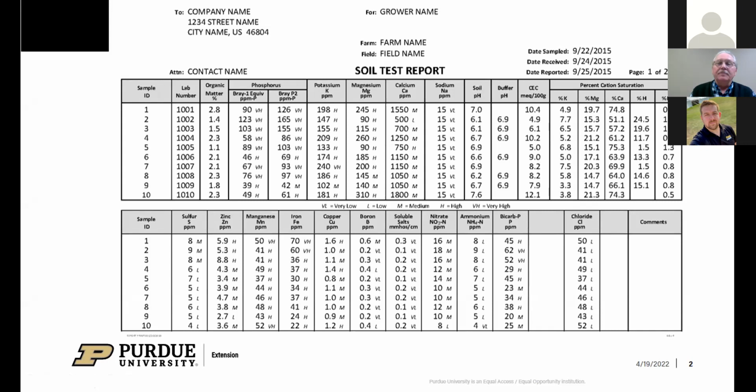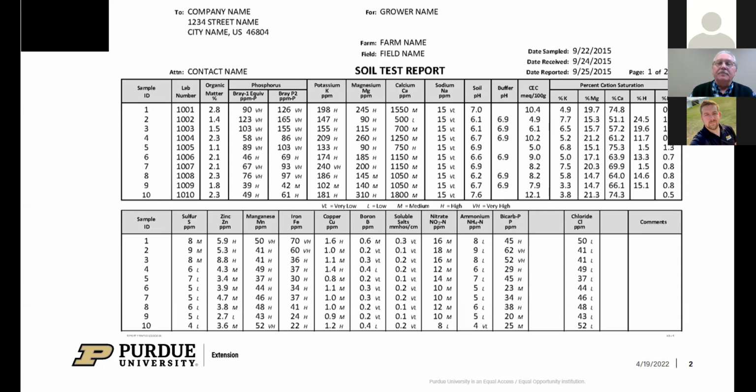And again, depending on the lab that you use, your results are going to look slightly different, but they're all going to include roughly the same information on all of the sheets, just maybe in a different format or table layout. And this is why, especially if you're doing more than one sample, it's good to make sure that you label your samples so that you understand them.